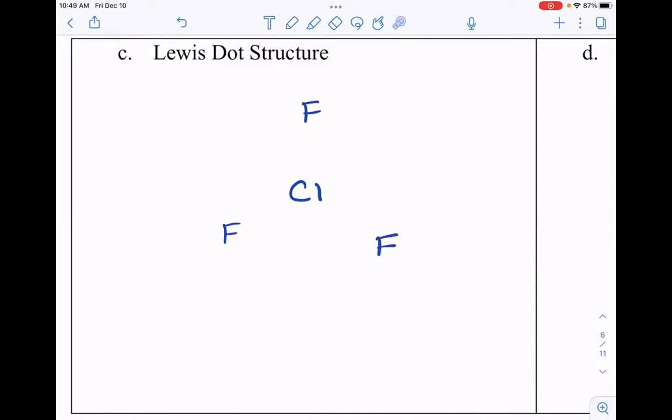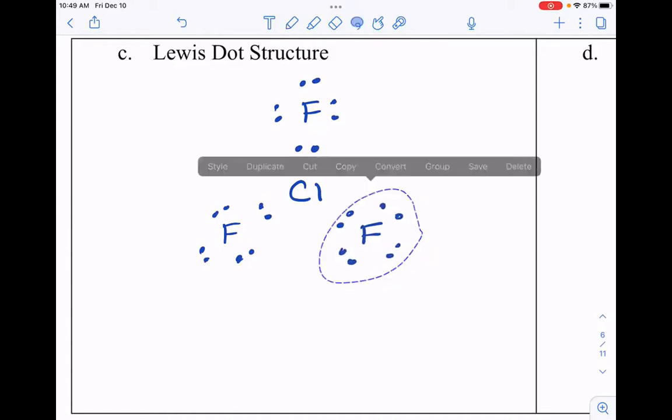Okay. Since we're dealing with an atom that's not hydrogen, we're going to make sure that the surrounding atoms have the octet. Okay. And so let me scoot this further in.